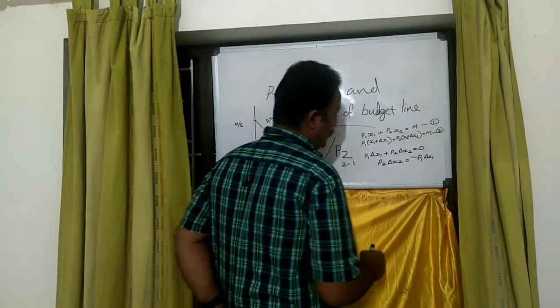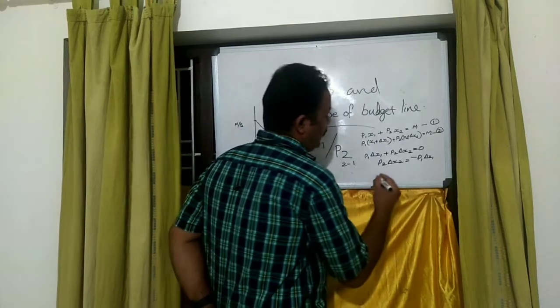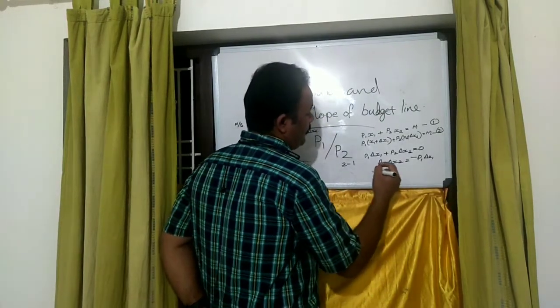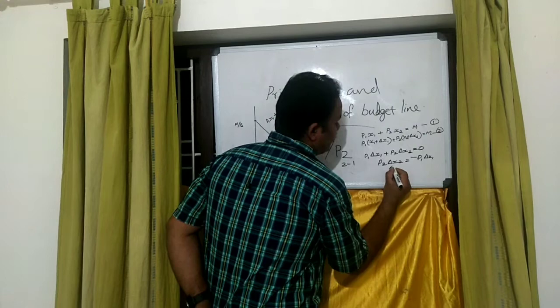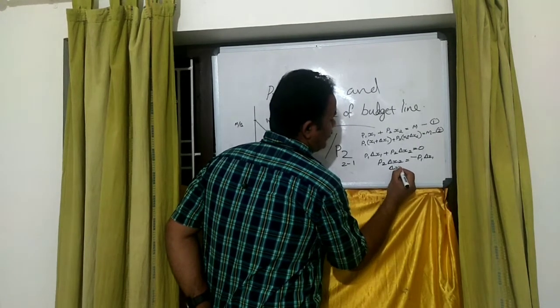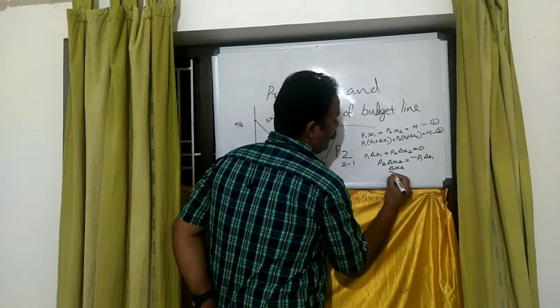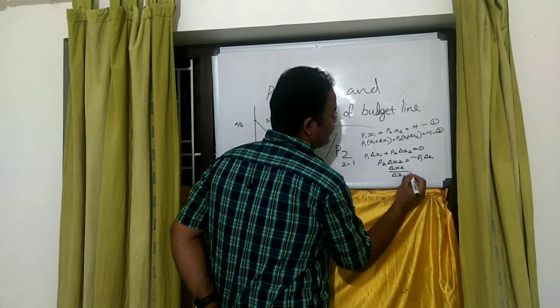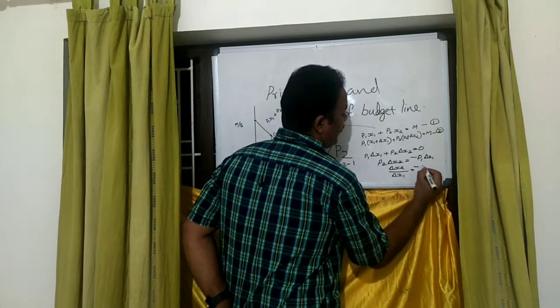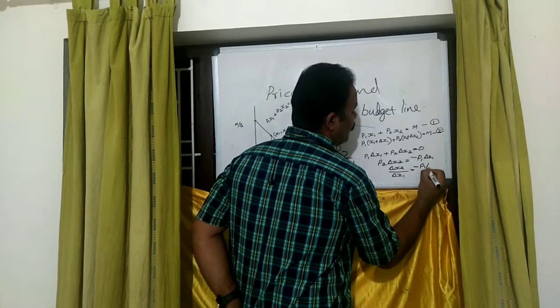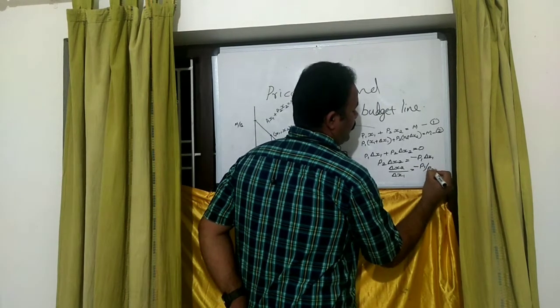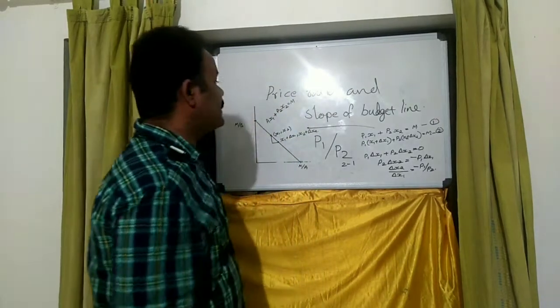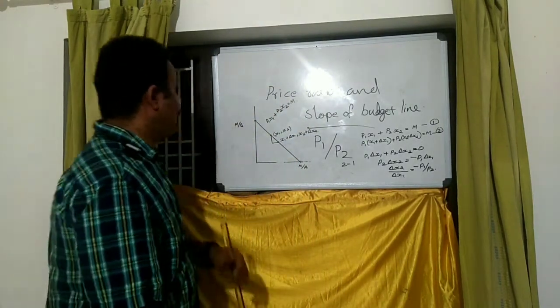Okay, then here we will get delta x2 by delta x1 is equal to minus P1 by P2. Then what is the slope of the budget line?